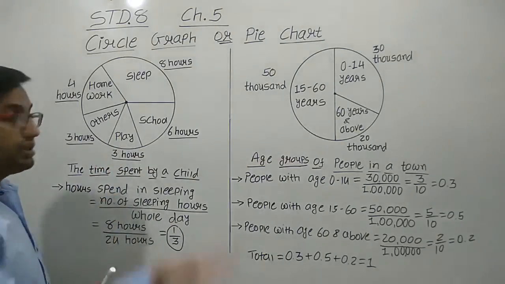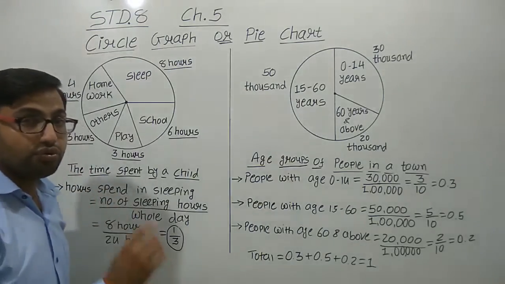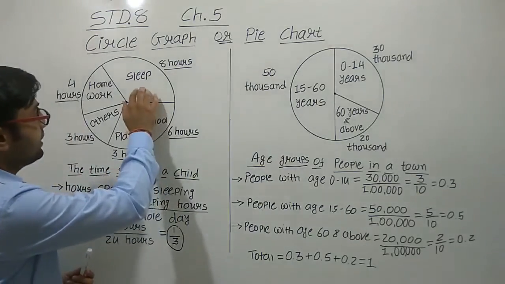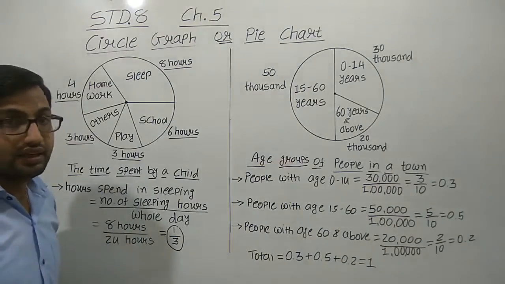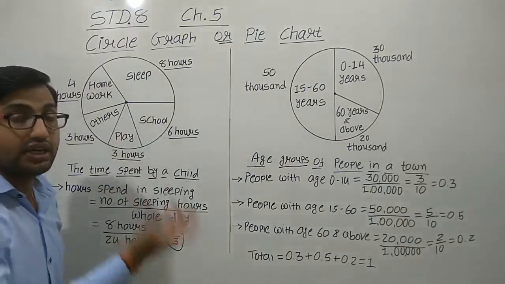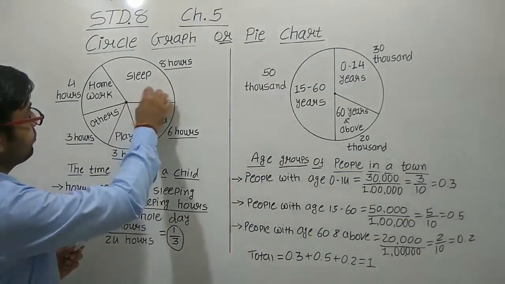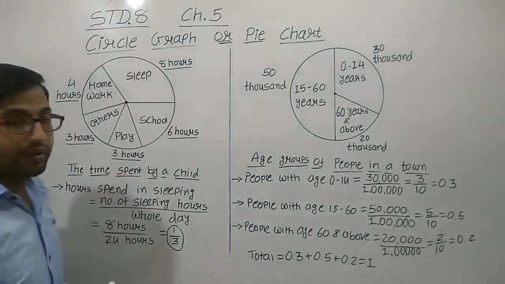Out of the whole circle, 1/3 of the portion we have to keep for the sleep. In this portion we cannot take any other activity or any other data. This much of the portion we have to give for the sleep.